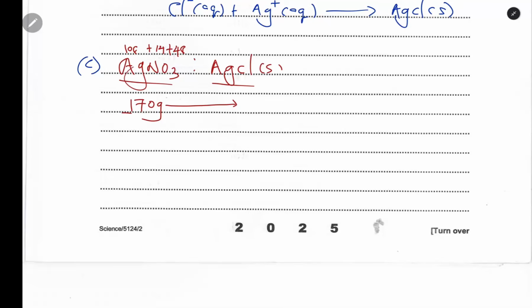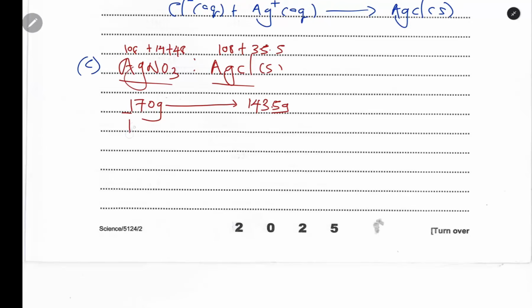From this, what is the mass of AgCl? 108 plus 35.5. This is giving us 143.5 gram. So 170 gram of silver nitrate reacts to form 143.5 gram of silver chloride.